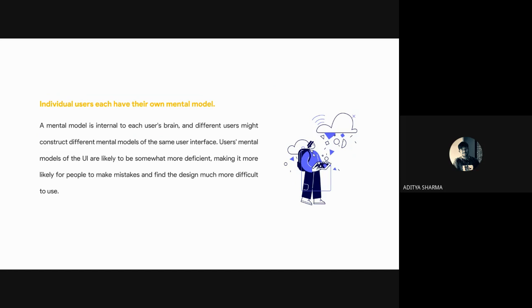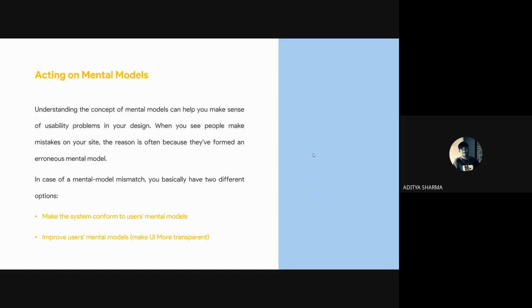So now when we say that mental models are more experiential and not factual, and each user has their own mental model, how can we actually act on mental models, how can we inculcate mental models? Yet, although there are different mental models, there are certain things that people do in a certain way, right?